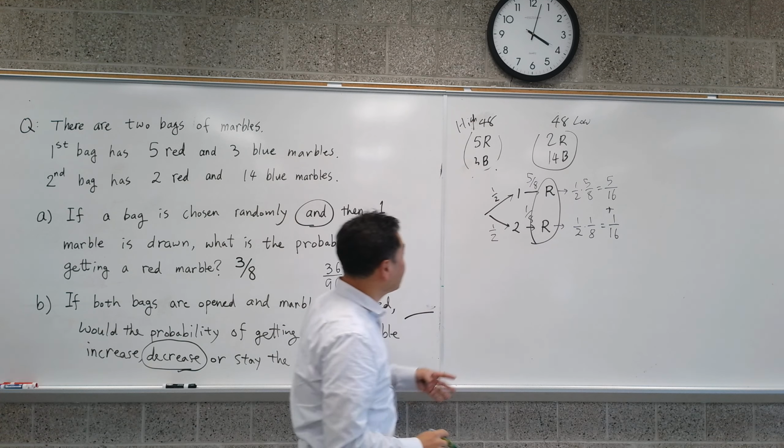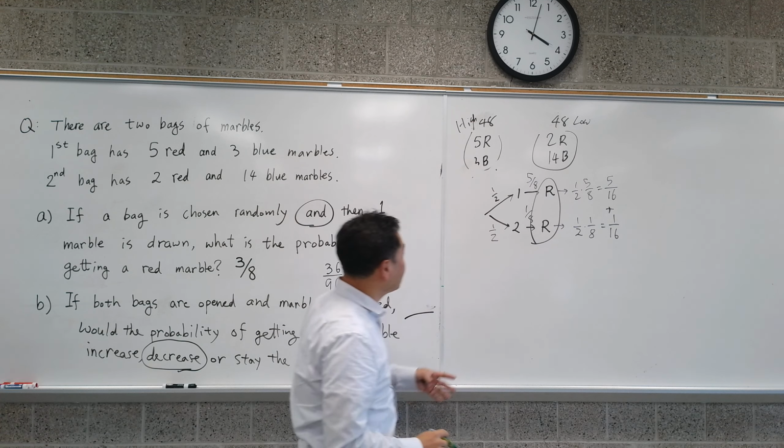So this question is an excellent introduction to conditional probability, where probability of A under B, this notation, is the probability of A if B happened. Okay?